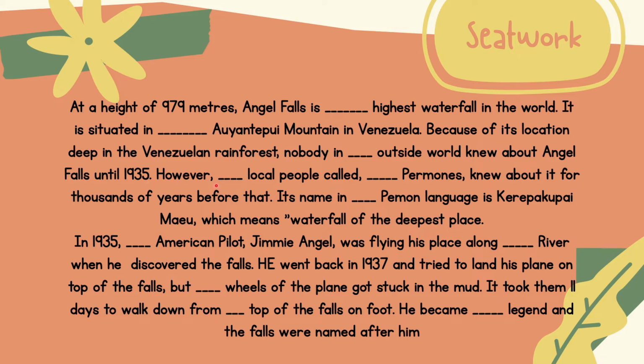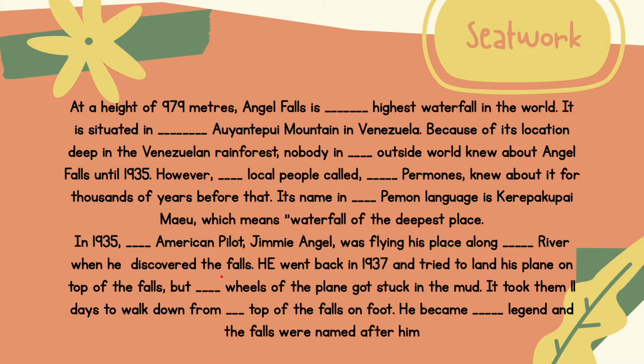However, blank space local people called blank space Pemon knew about it for thousands of years before that. Its name in blank space Pemon language is Kerepakupai Merú, which means waterfall of the deepest place. In 1935, blank space American pilot Jimmy Angel was flying his plane along blank space river.